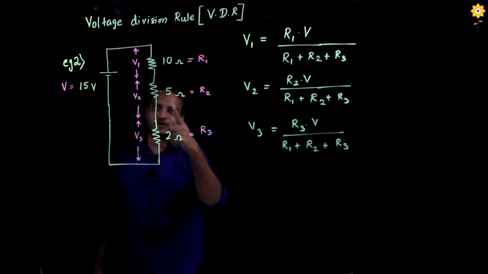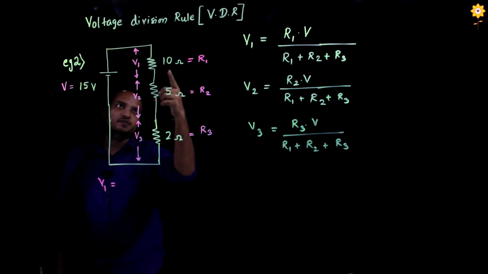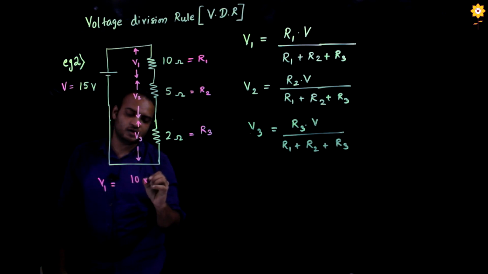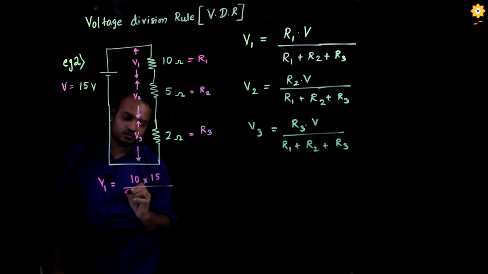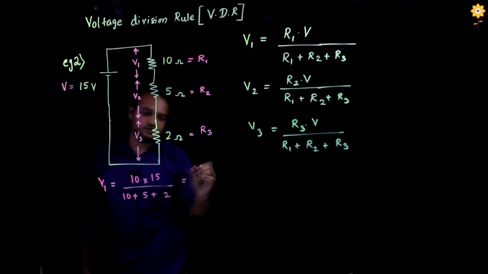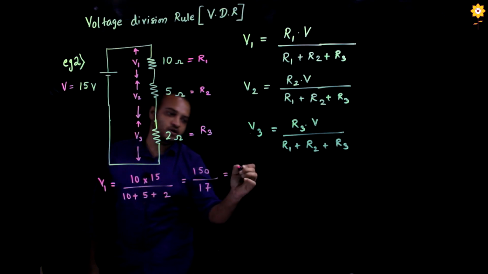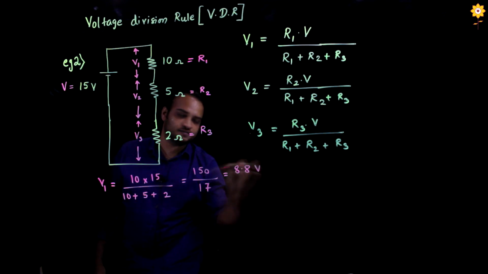So in the same manner if I calculate V1, it will be 10 into 15 divided by 10 plus 5 plus 2. So that will be 150 divided by 17. So we will get roughly around 8.8 volts.